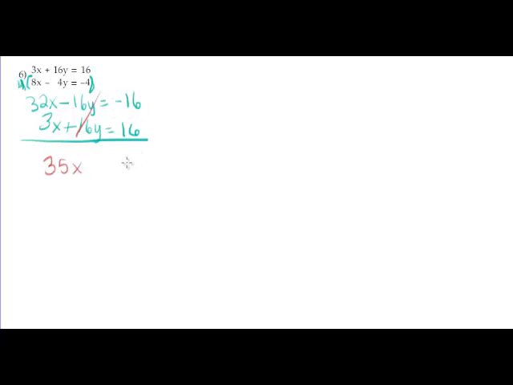The y's cancel. -16 plus 16 is 0. I divide both sides by 35. Zero divided by 35 is 0.